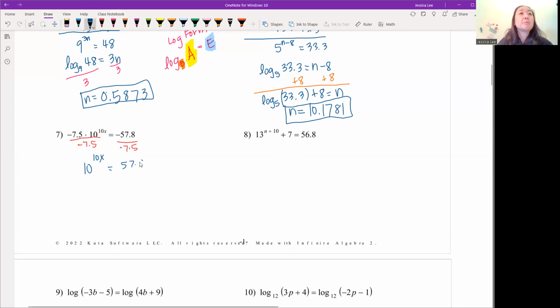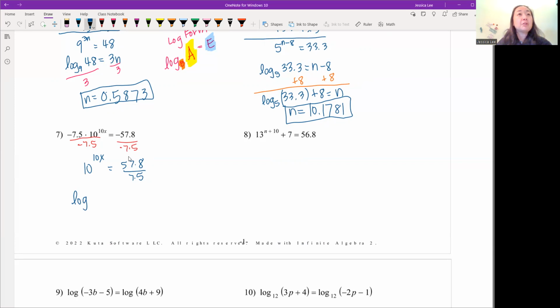So it's going to be 57.8 over 7.5. I'm just going to leave it like that. All right. And then again, we got our base by itself. So it's going to now change to log. So log base 10. Technically, I don't need to write a 10 there, right? Because if there's nothing there, we already know it's log base 10. You want to write it in there? You totally can. Feel free.